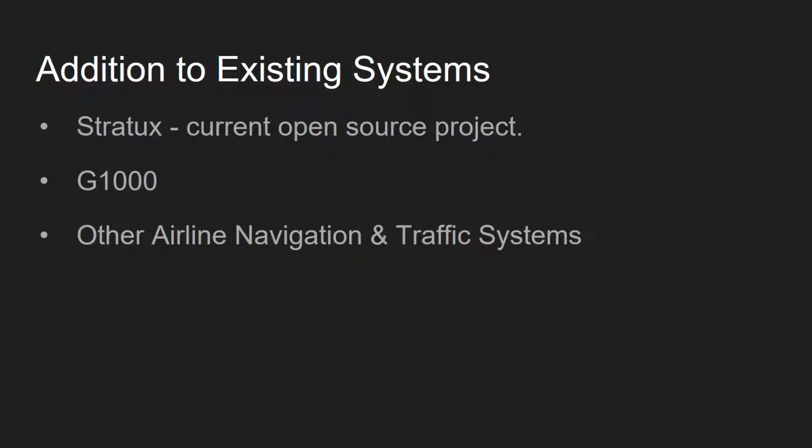The audio would already feed into the headset, so the software would just need to be implemented with the G1000. This software, however, is not open source, so Garmin must implement our solution as a competitor to Stratix. There are also other airline navigation and traffic systems, but the main ones are G1000, Stratix, and Stratus.